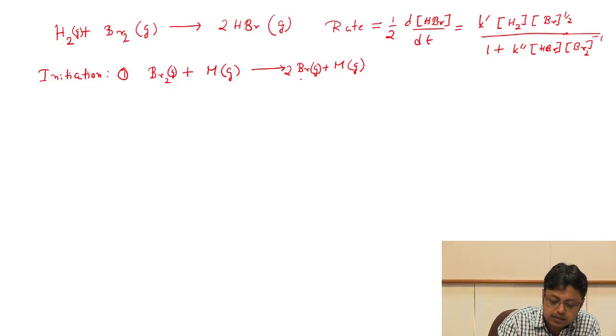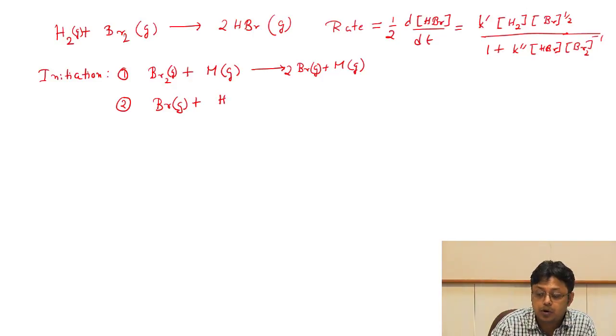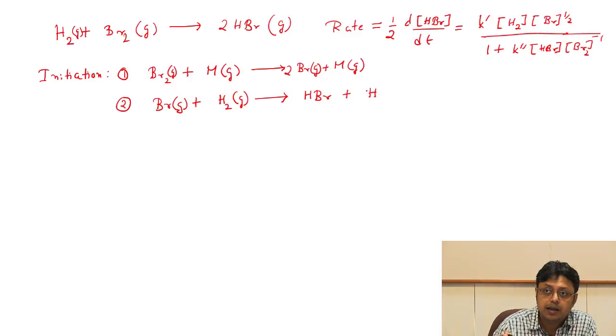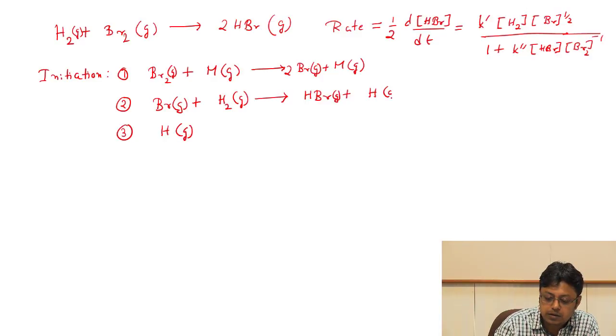Then once this bromine radical is formed, it can react with hydrogen gas and abstract a hydrogen atom from it, and then it can form HBr, which is the product, plus the hydrogen radical. Now any radical species is very reactive, as I said. This hydrogen radical can also, in the very same way, react with the bromine molecule and abstract one bromine atom, giving HBr and a bromine radical back.